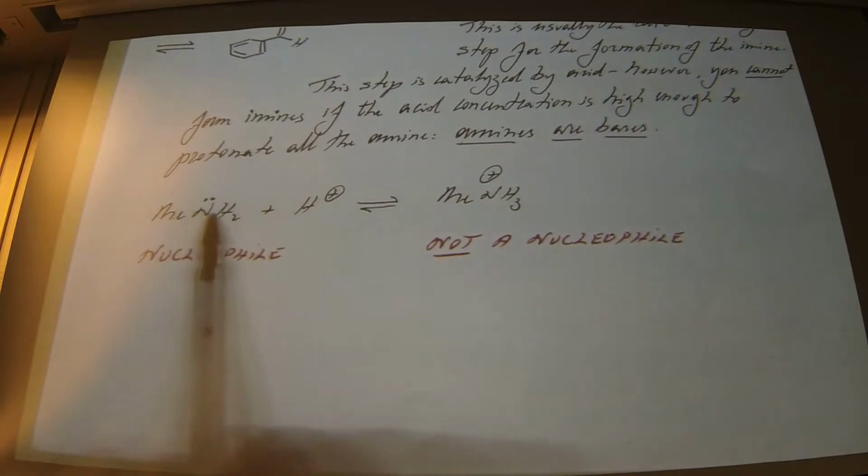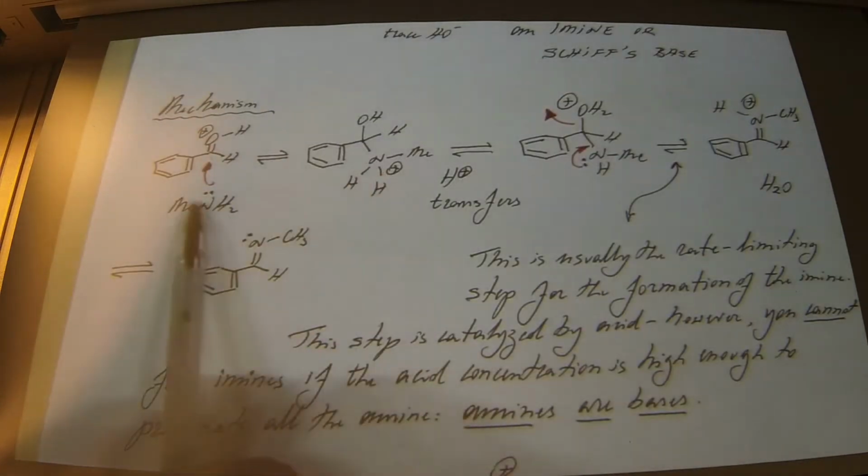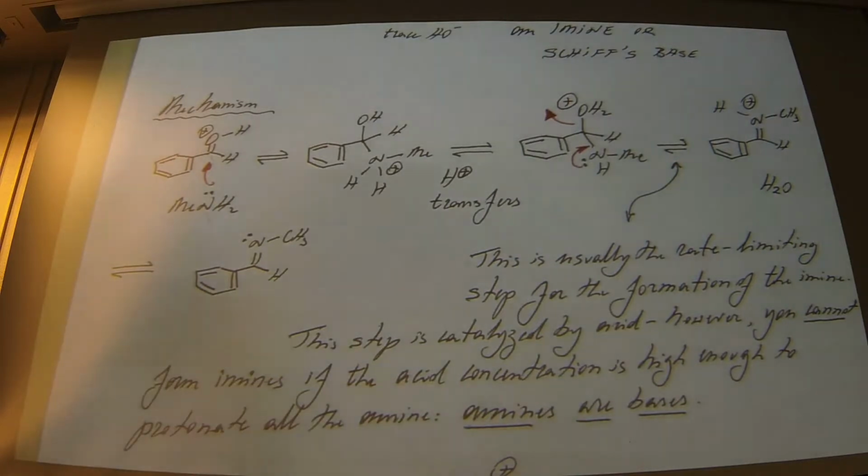And so if you've converted all of your amine into ammonium salt, then that first step won't happen because you won't have a nucleophile. And so this is a reaction that works really well with a few mole percent of acid. You add 100 mole percent of acid, and the rate goes essentially to 0. And the reason is because if you completely wipe out that electron pair, you don't have a nucleophile.